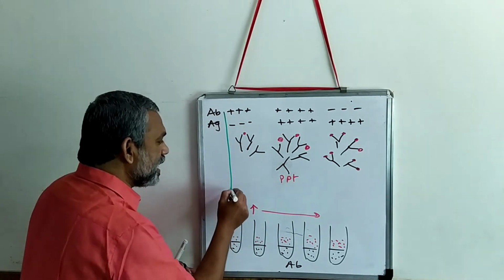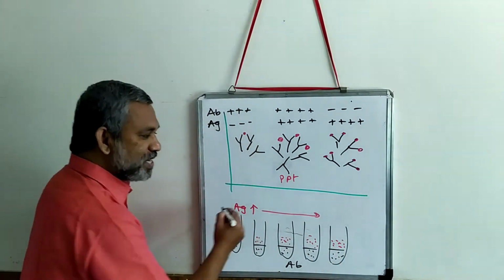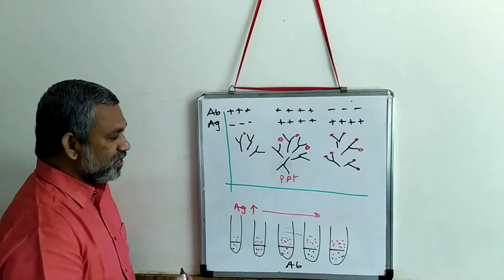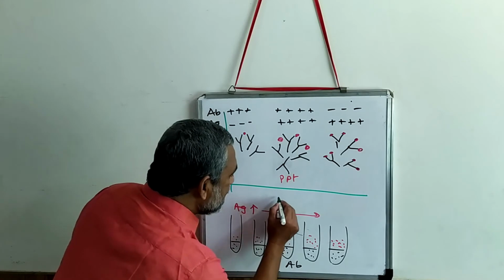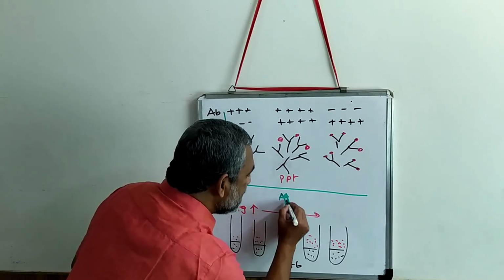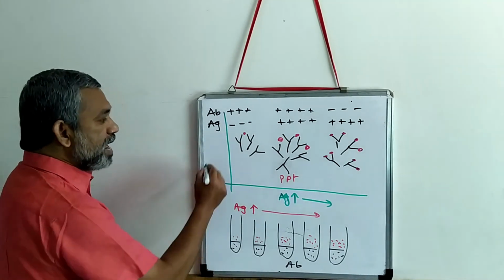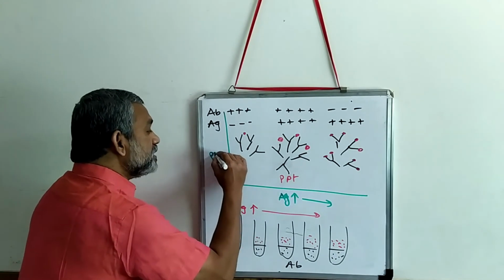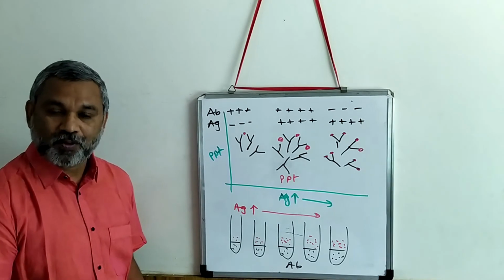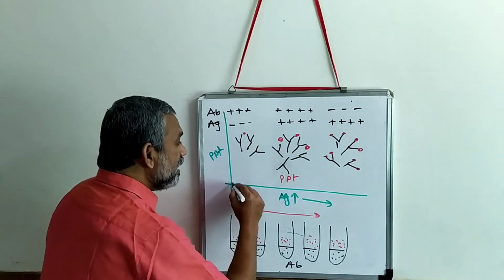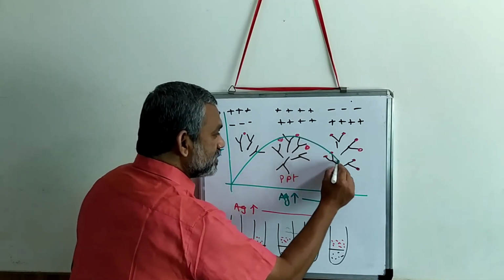If we make a graph out of this, on the x-axis you take the increasing concentration of antigen that is added, and on the y-axis you take the precipitate that is formed. You will get a graph like this.